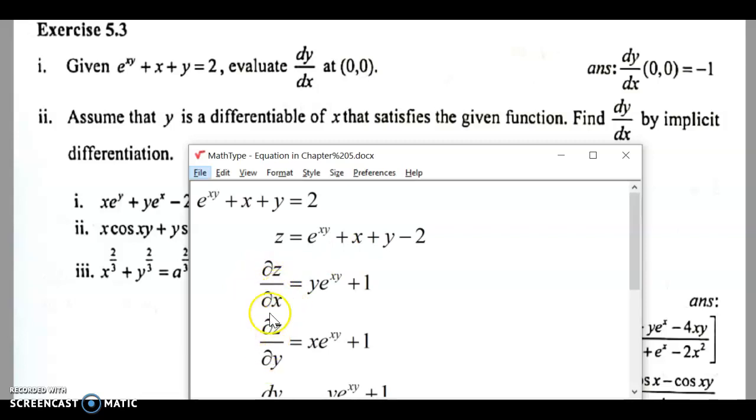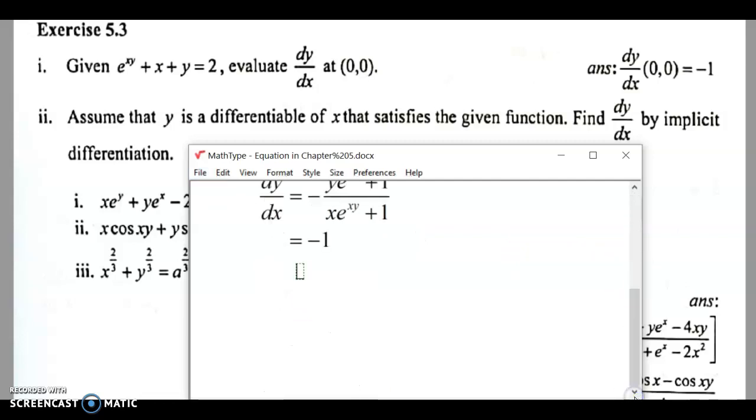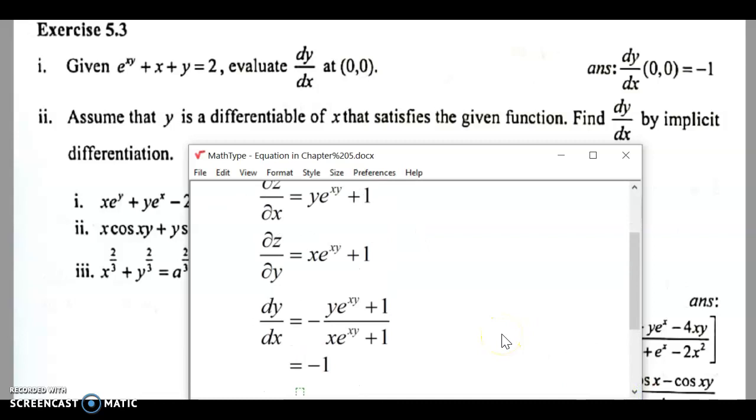We will look for these two derivatives. As you can see here, partial z over partial x is equal to this, and partial z over partial y is equal to this. Now that we have this information, just substitute it in the formula of dy over dx for implicit function.